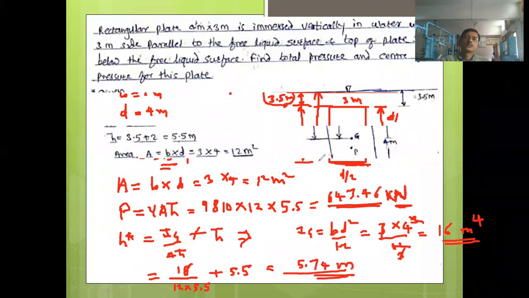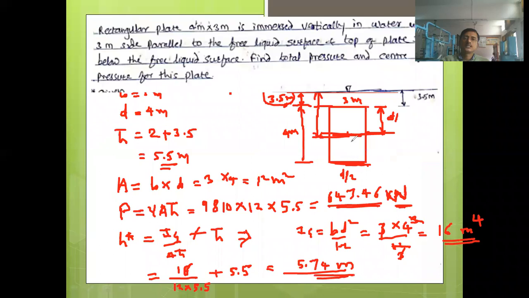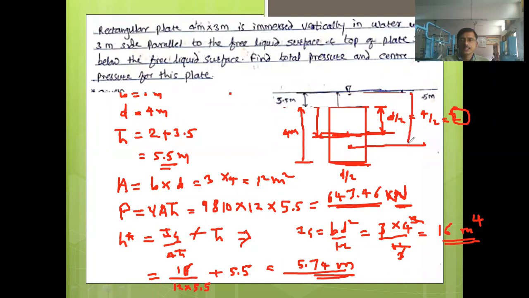Okay, this means the center of pressure will act somewhere at this location, at a distance of 5.74 meter. So this is the point P.